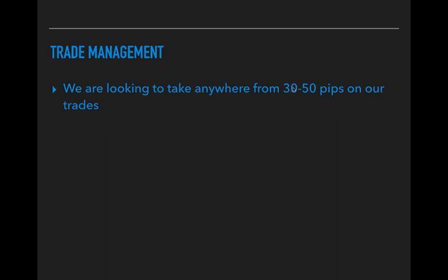I'll even show you taking 30 pips, one trade setup for 30 pips every day. At the end of this presentation, I'll show you a little table. That's really all you need to make a decent amount of income from this. If you're consistent with that, you'll grow your account like crazy.